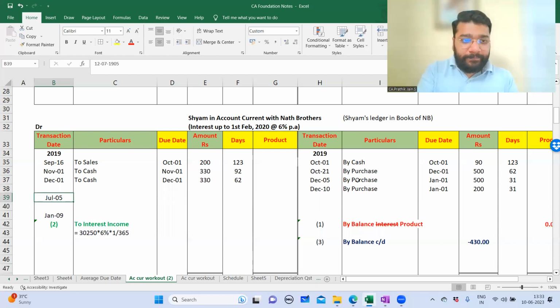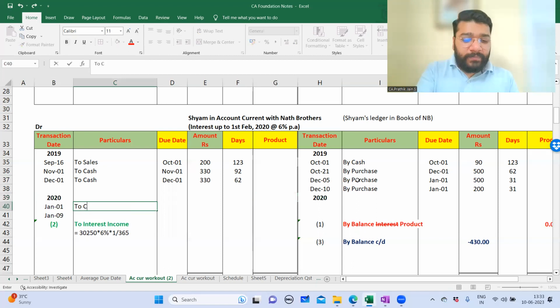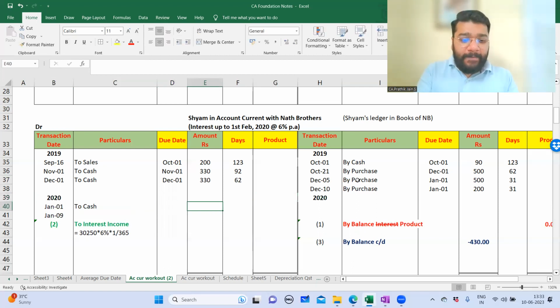What is the date? Jan 1. To cash. How much? 600. What is the due date? Same as transaction date. Very good. Number of days? Same as we calculated already, 31 days.